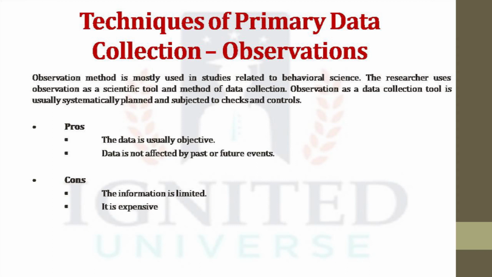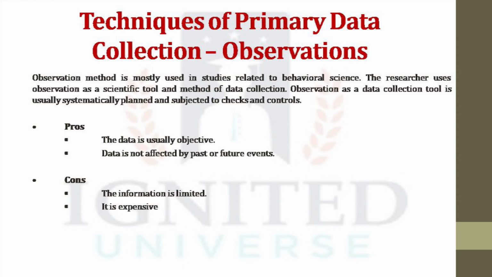So, the advantage of the observation method is that the data is usually objective and not affected by past or future events. However, it is expensive and the information is limited in the technique of primary data collection via the observation method.